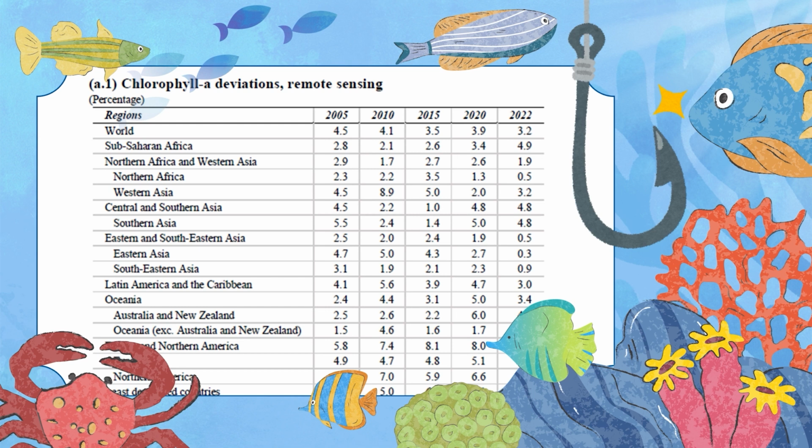One of those is chlorophyll-a deviation from remote sensing. Here you will see that from 2005 it is declining, meaning the percentage of chlorophyll is declining from 4.5 to 3.2. So these are some of the global status figures for this particular indicator.